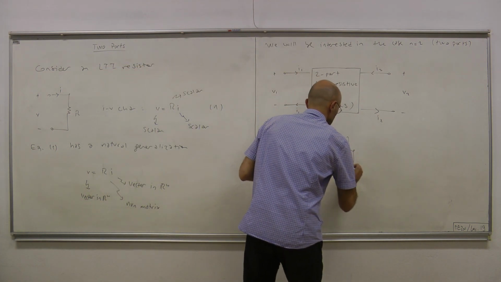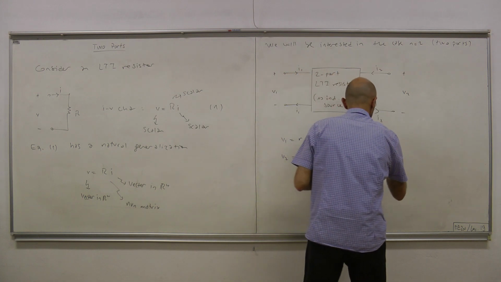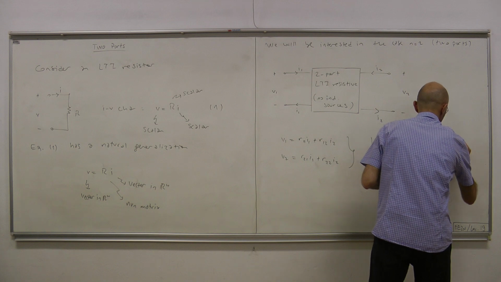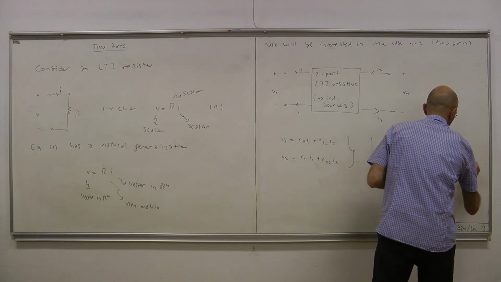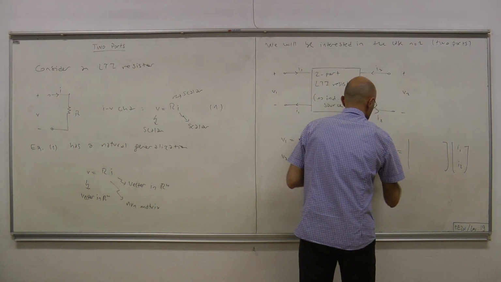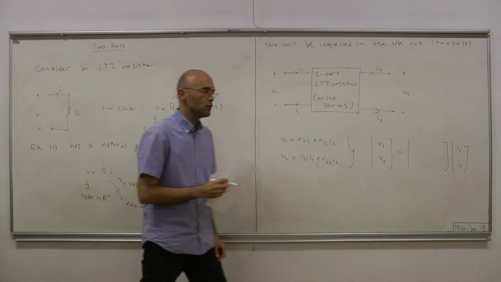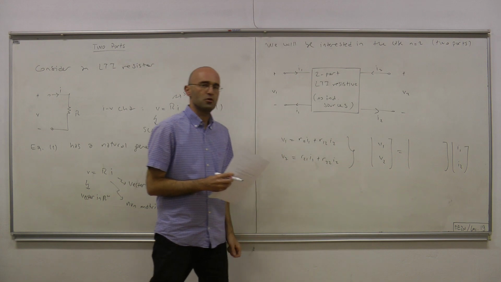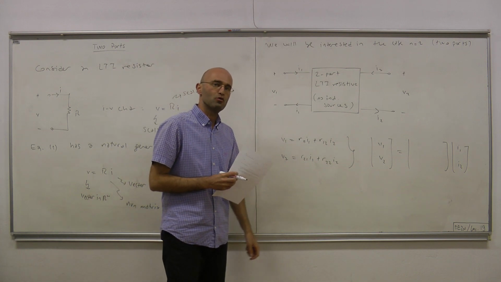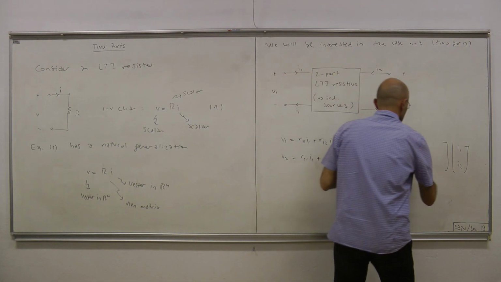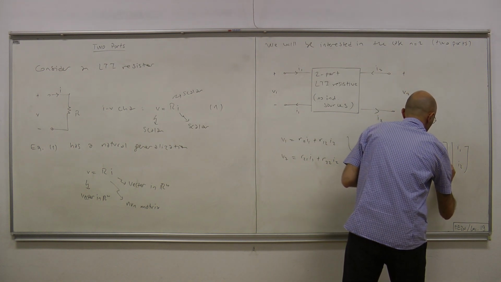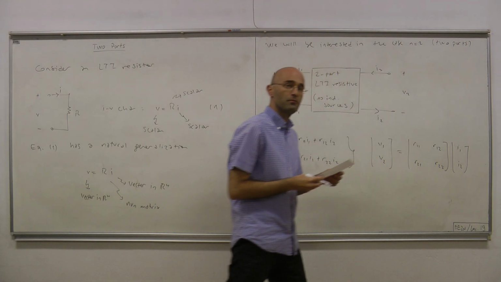Okay, so let's put these 2 equations into a single matrix equation. I1, I2. And this is V1, V2. And if you do that, the parameters here, R11, R12, R21, R22, appear as the entries of your 2x2 resistance matrix, as follows: R11, R12, R21, and R22. Okay.